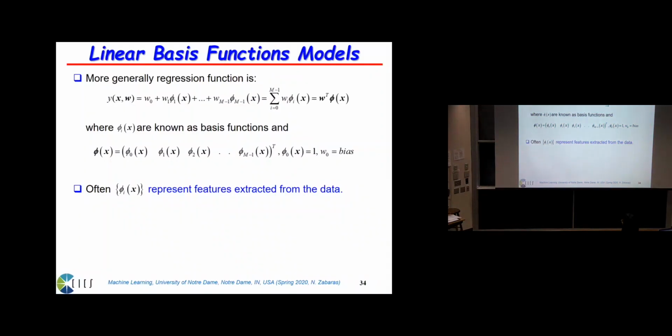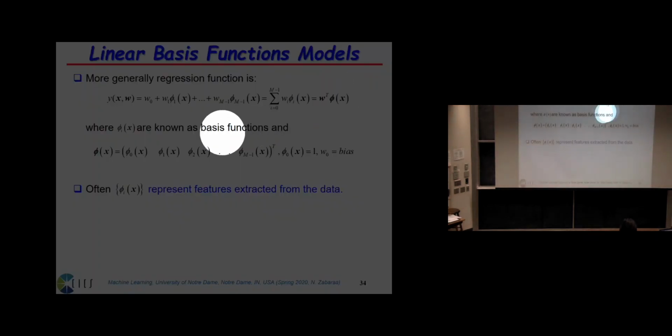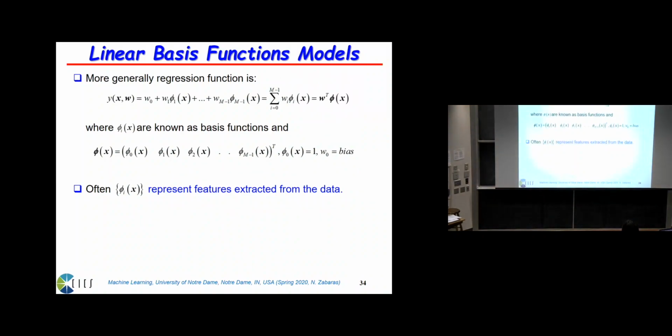Now, the functions phi of x can be nonlinear in x. You can put anything, like sine of x1 times sine of x2 squared. But what is important here is that the regression function is linear in W. That's why we still call this a linear regression model.